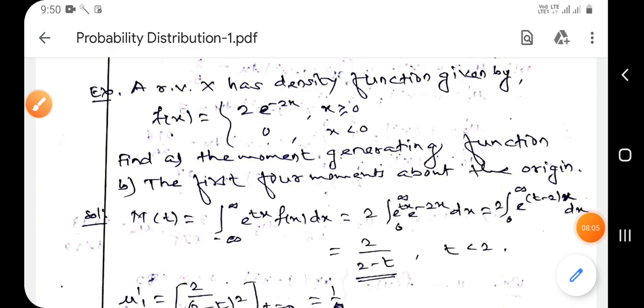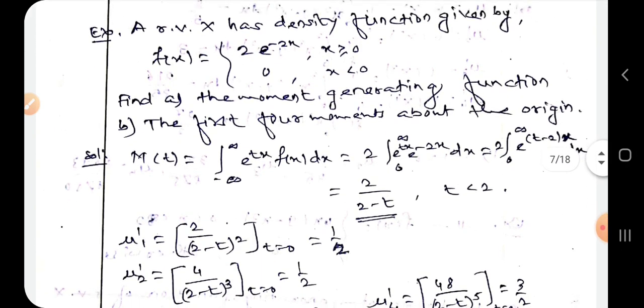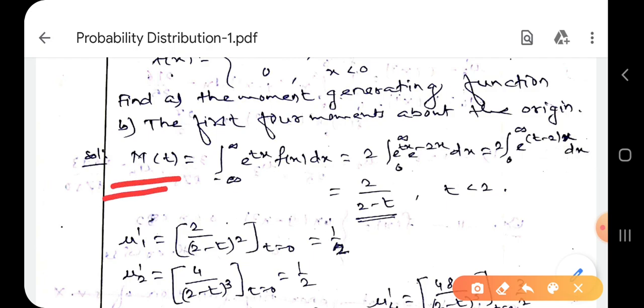Okay. So here a continuous random variable is there, and for continuous random variables we use integration. So here the first part, m of t is equal to, instead of summation, now integration from minus infinity to plus infinity, but my function is present only from 0 to infinity, so we write 0 to infinity.